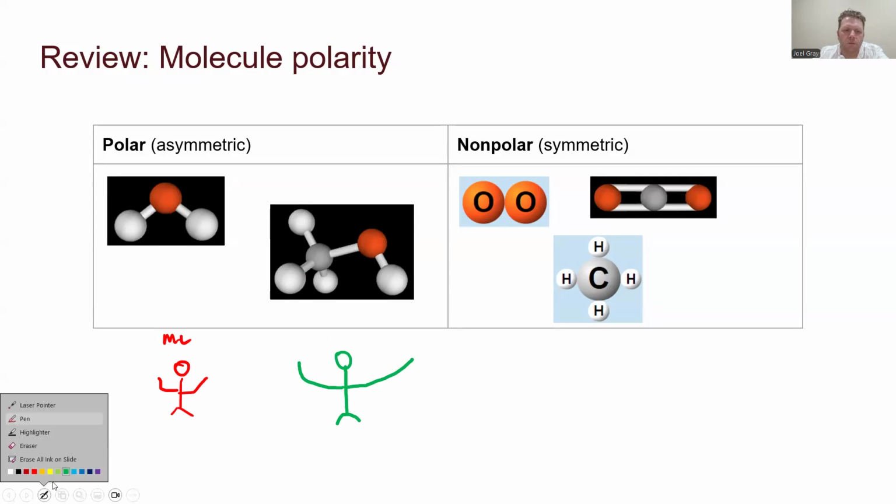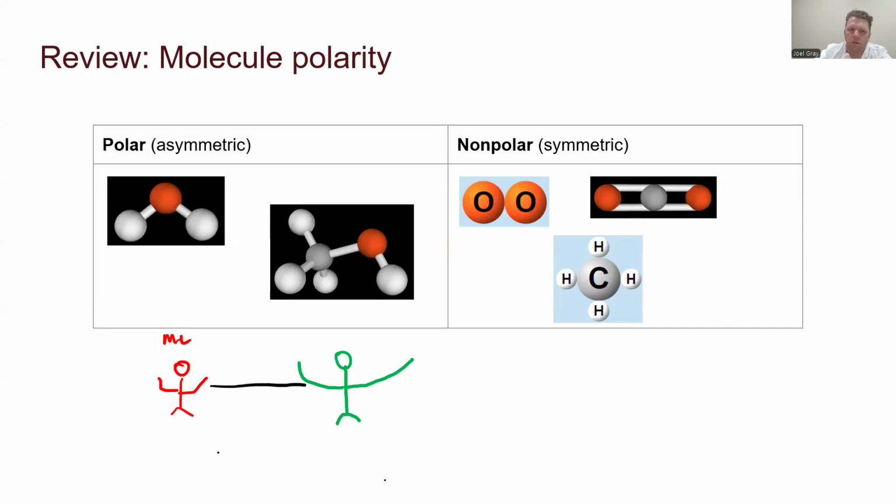If myself and the Incredible Hulk were doing a tug of war match, it's pretty safe to say that the Incredible Hulk would win by a pretty extreme margin.